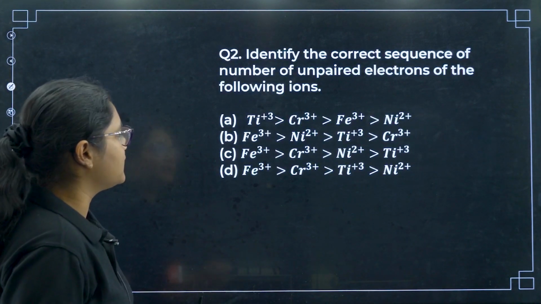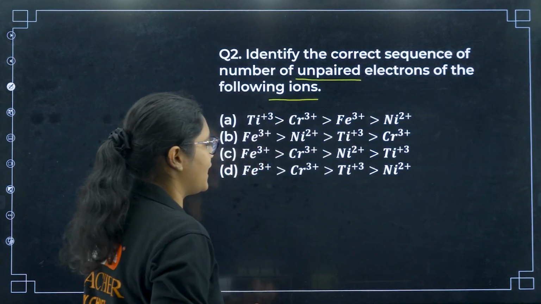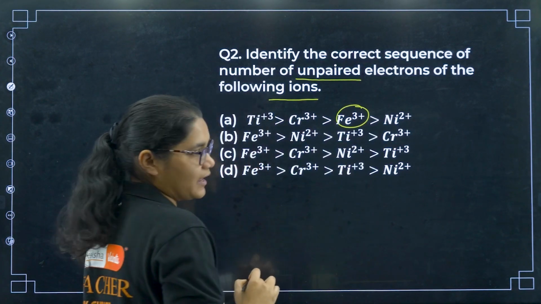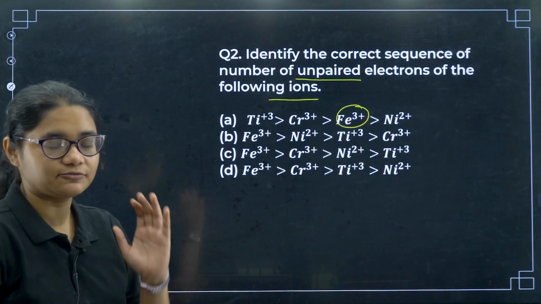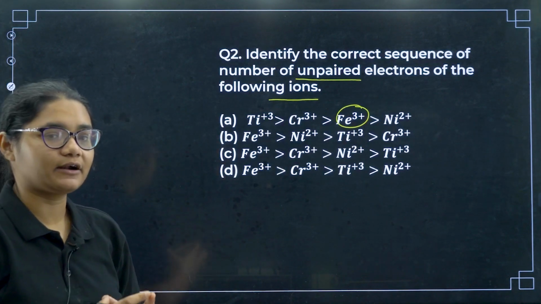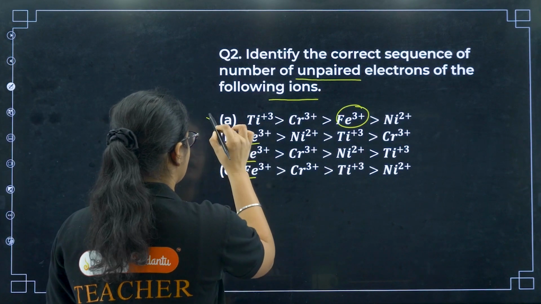Next, identify the correct sequence of the number of unpaired electrons in the following ions. Fe3+ is one of the ions, and if you remember, Fe3+ has 5 unpaired electrons, which is the maximum possible. So Fe3+ should be at the highest, so we can eliminate this one.